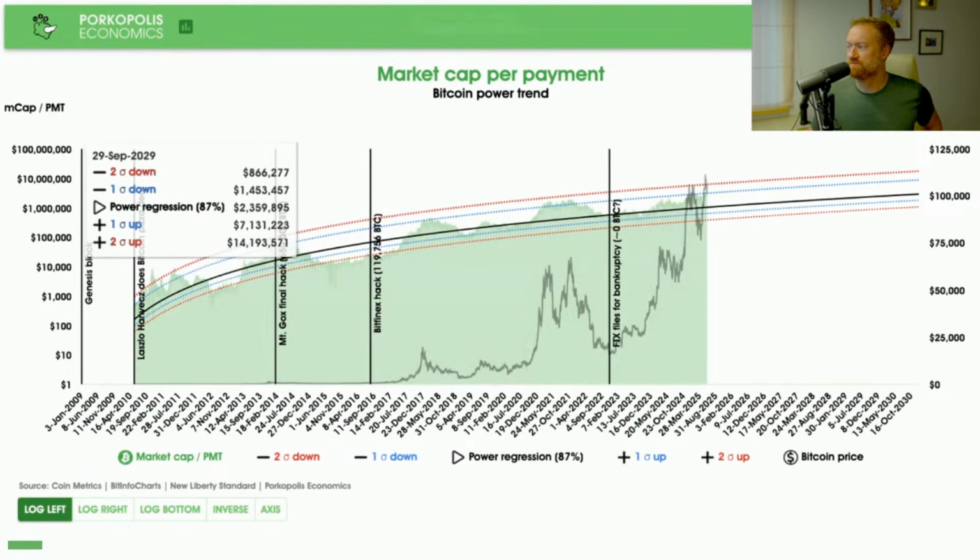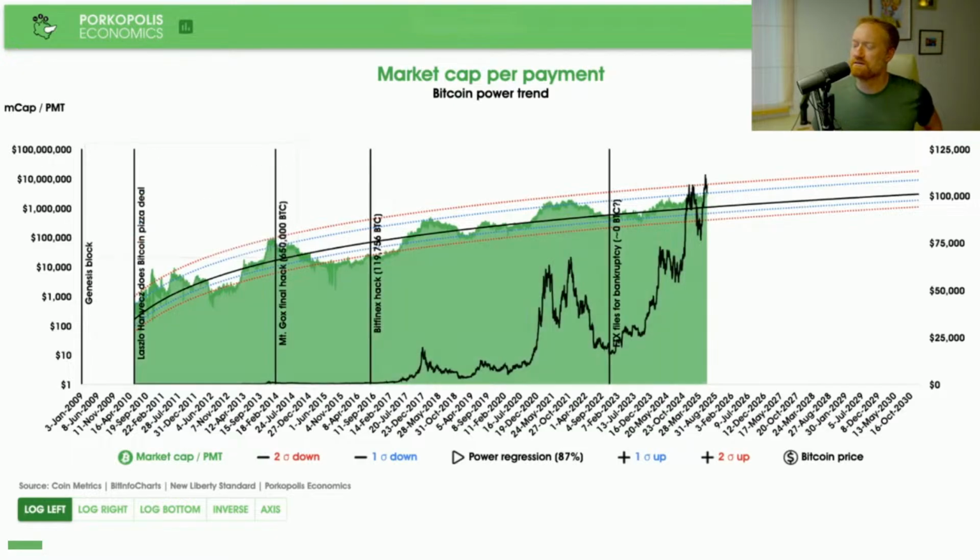And for this one, market cap per payment, the power is a little bit less than 3.5. Well, right about 3.5. So they're both actually very similar. You can actually call them both 3.5. 3.5 for both of these.